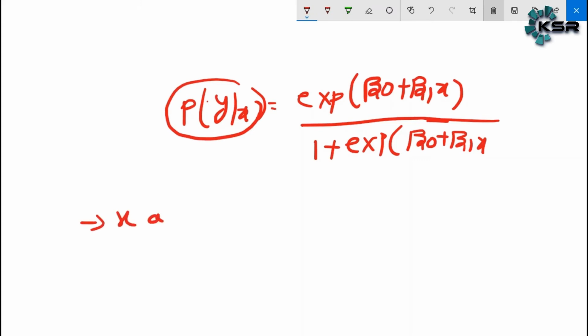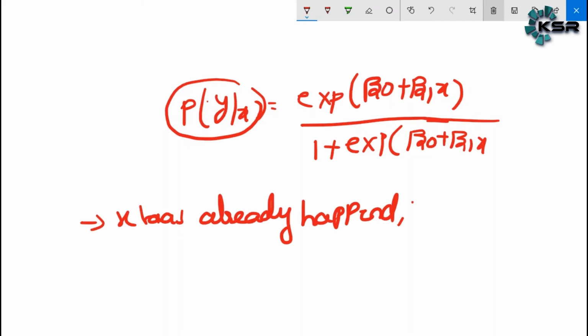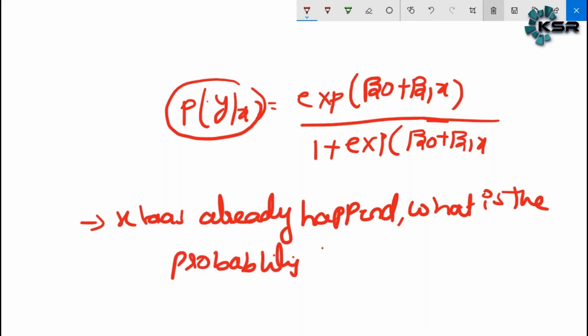X has already happened. What is the probability to get the y value?